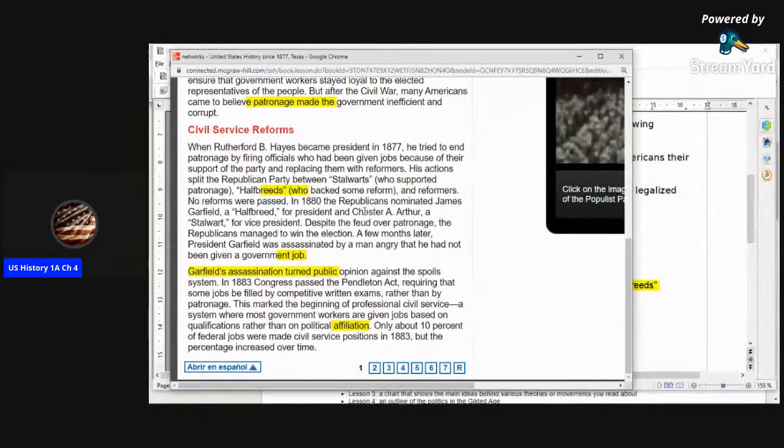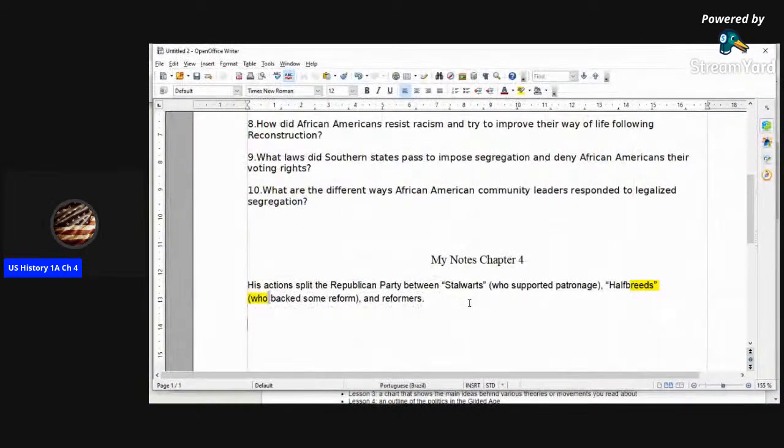So then Congress passed the Pendleton Act, requiring that you have to take an exam in order to get a government job, so that people got government jobs based on their skills and qualifications and not their affiliations. Okay? So this is the Pendleton Act. I think that's a good thing to put in my notes.